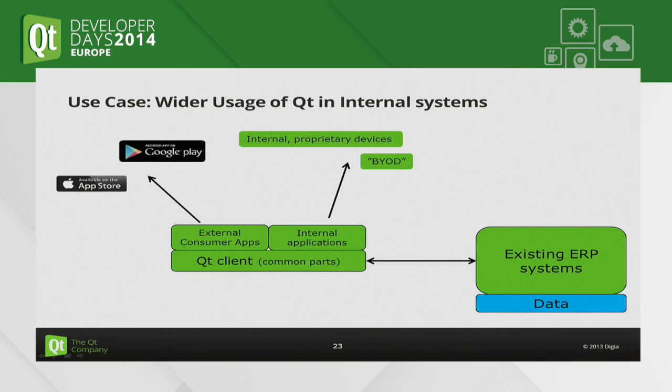One customer had kind of a combination of this and the embedded Qt system. It's actually a hardware store. They had a set of devices running WinCE, old rugged devices, all around in their warehouses.